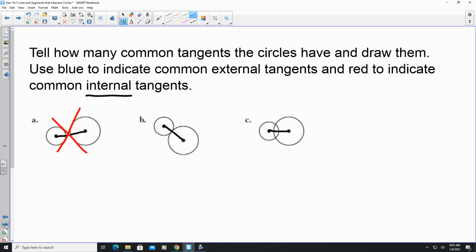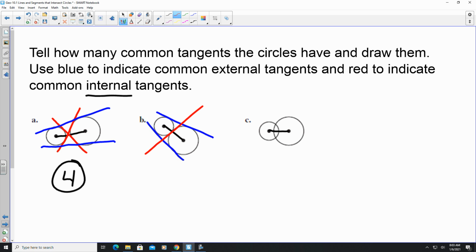So for part A, this would be a line of tangency, and this would be a line of tangency. In this particular instance, they have four common tangencies. Two of them are external and two of them are internal. Now looking at example B, I have two external common tangencies, and I'm going to have one internal.